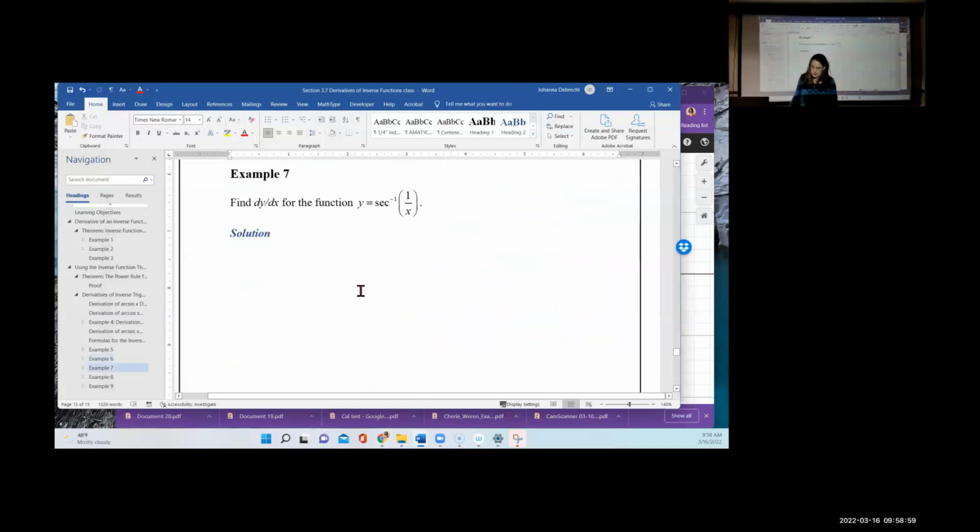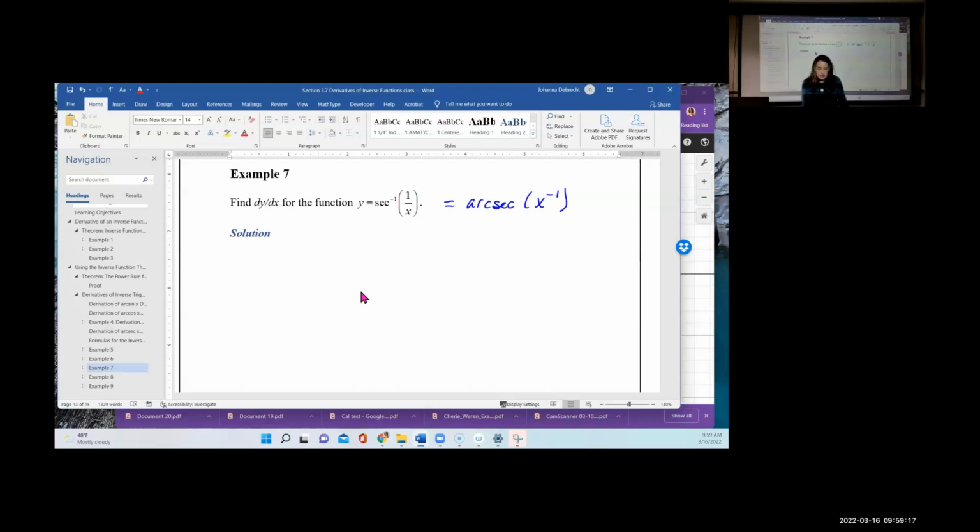Now let's find the derivative for the formula arcsecant of 1 over x. And remember that you can also write this as arcsecant, and you can write 1 over x as x to the negative 1, which may help when we do the derivative of it.